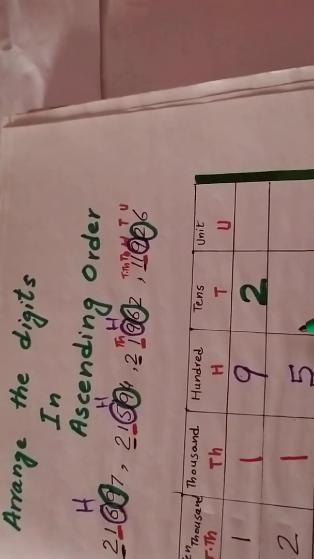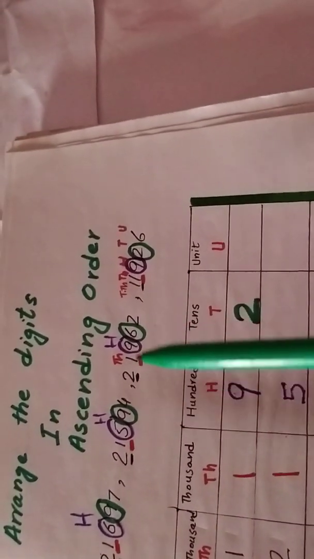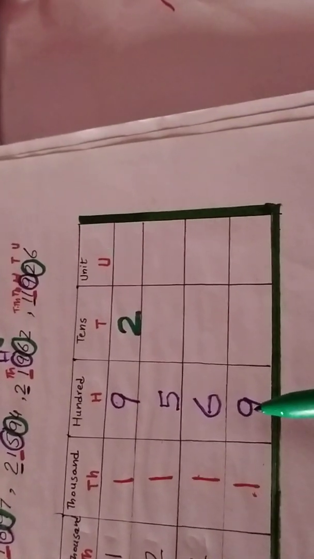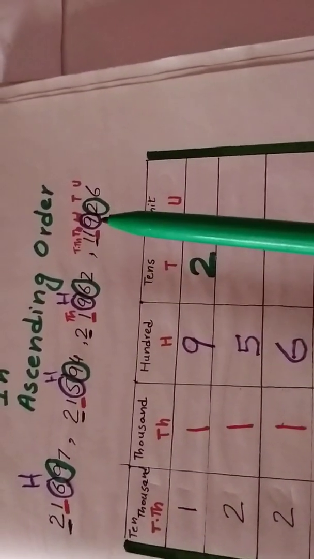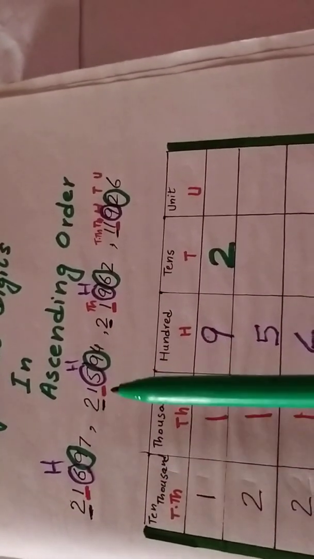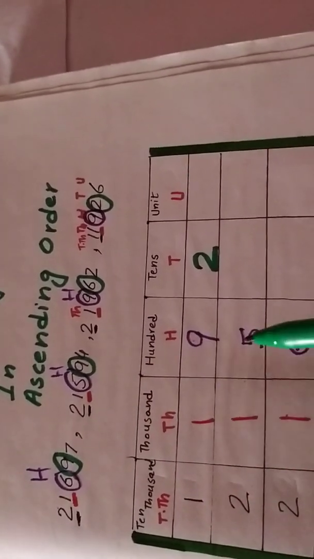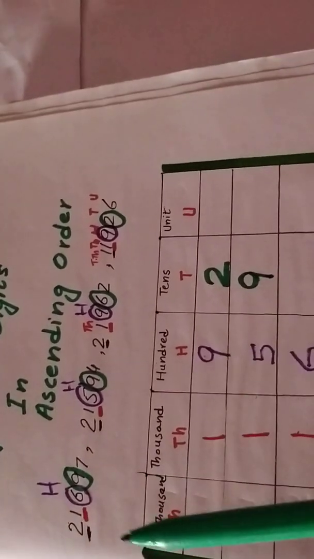The biggest is 6. In 10 place, 2 is smallest, 6 is greater than smallest. In ascending order, smallest to the biggest. 9, 9 are all the same. So 21,5,9 and 21,6,9.